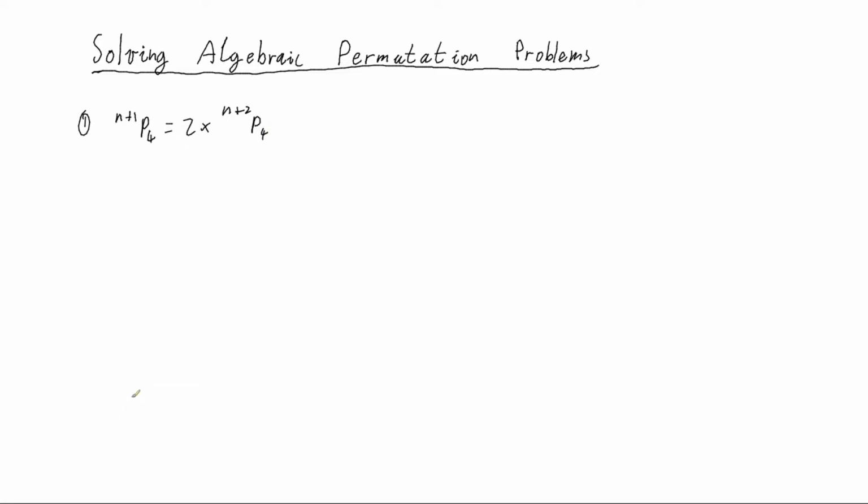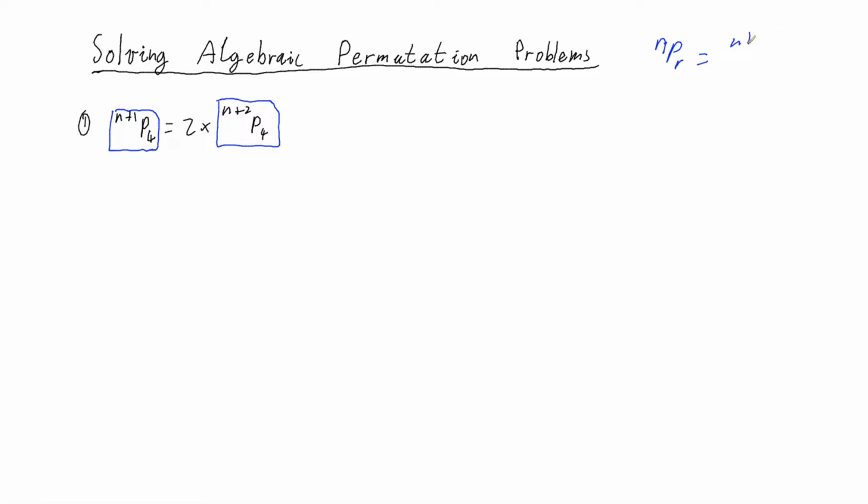What this means is that for my n plus 1 P 4 and my n plus 2 P 4, when I substitute into the nPr formula, where I've got n factorial on n minus r all factorialed, instead of writing just n, wherever I've got n, I'm going to replace it with n plus 1 or n plus 2 and then solve from there.